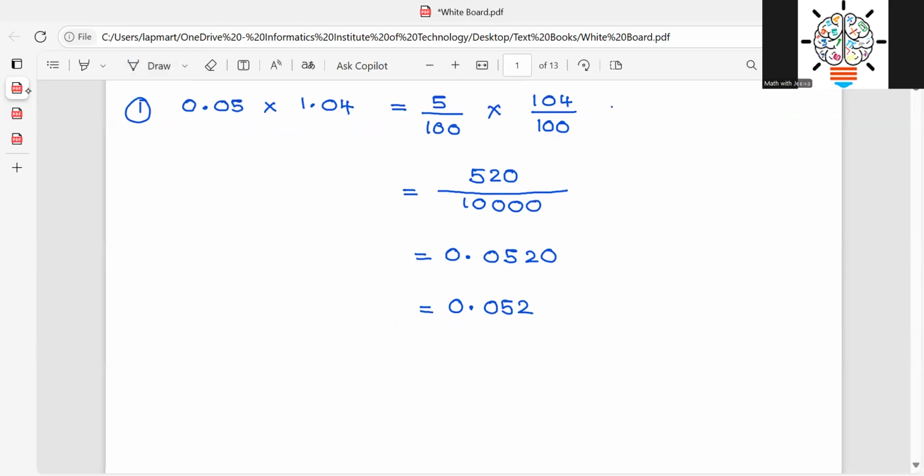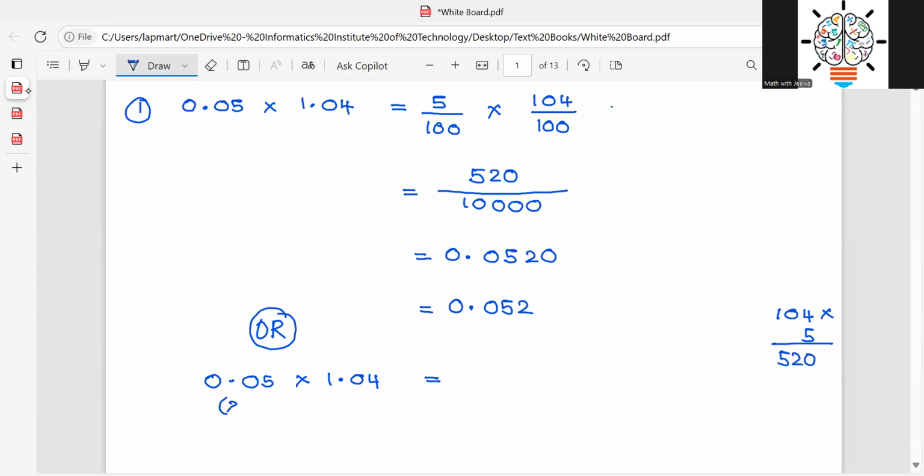Now I am moving to the second method. Or you can do it in another way. How? 0.05 multiplied by 1.04 equals, you forget about the decimals and you multiply 104 by 5. It gives me 520 now.